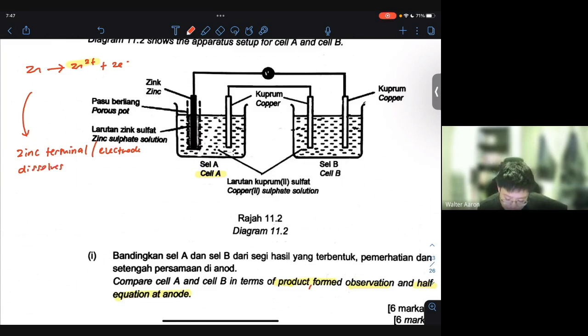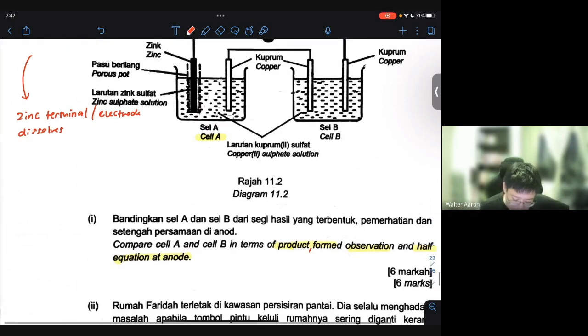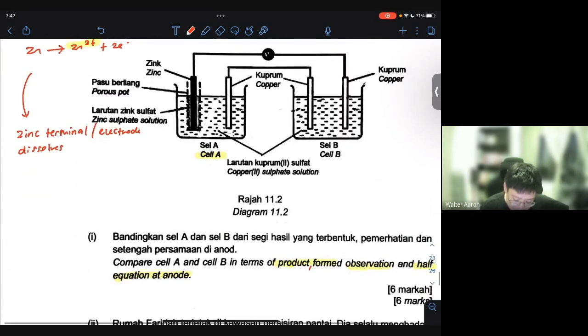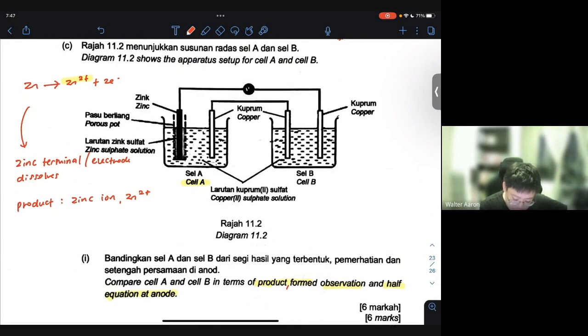So right now, I would say the product for cell A will be zinc ions, which is Zn2+. And after that, your half equation is here. And then what happens at the observation part will be this one. Okay, so then you have 3 marks in total already if you write all this correctly.